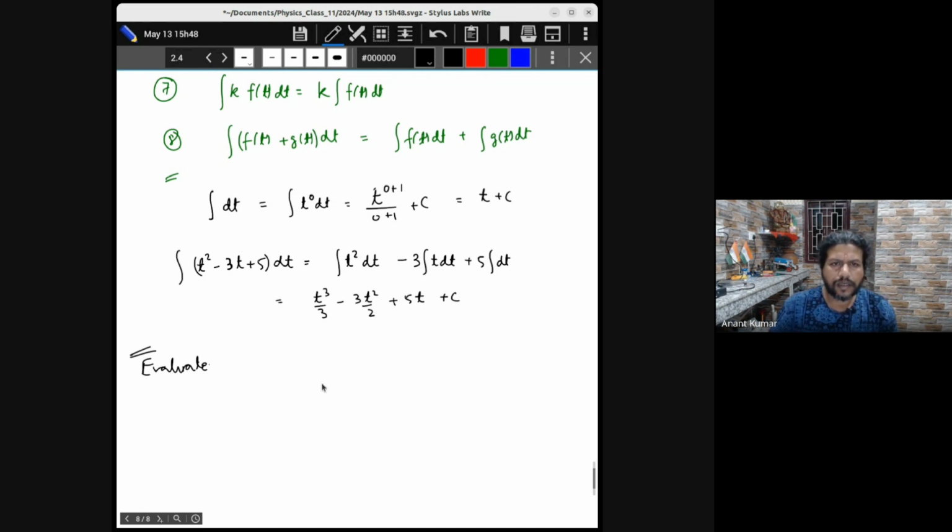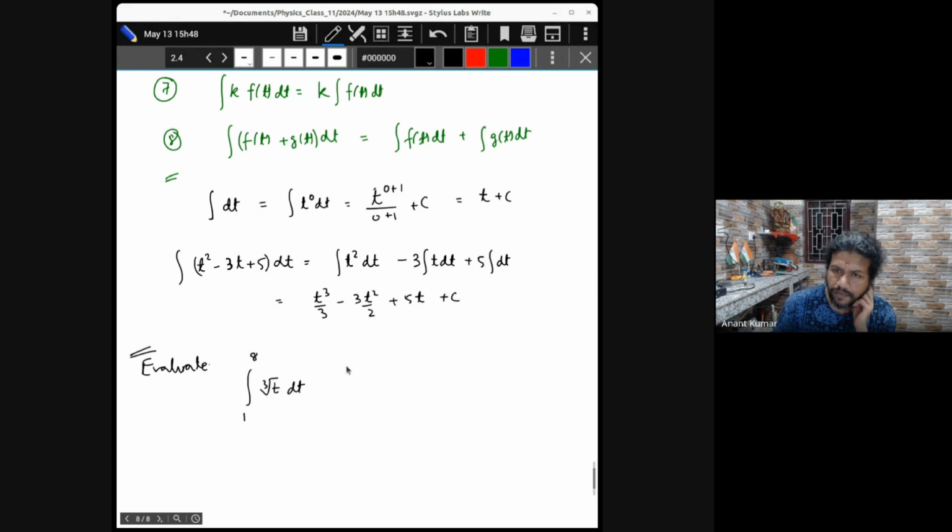Suppose I want to find the integration from 1 to 8 of the cube root of t into dt. So we consider this, for instance, and this is an example of a definite integral.